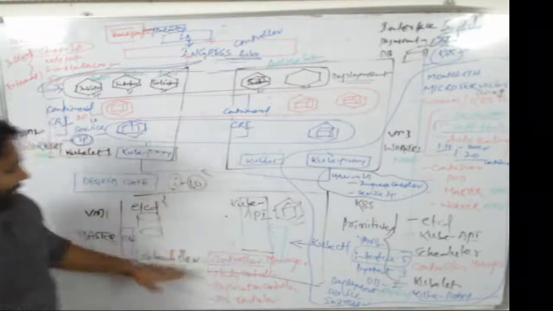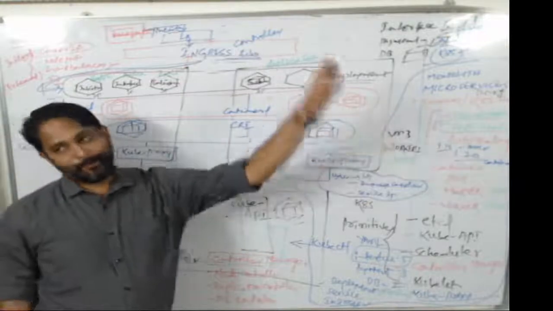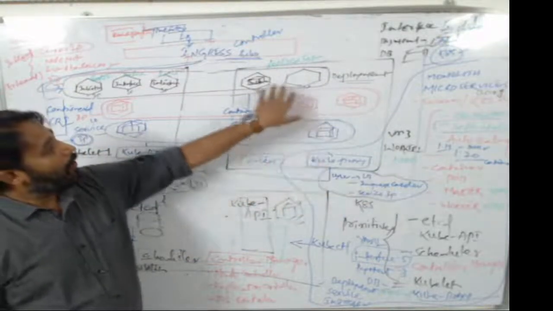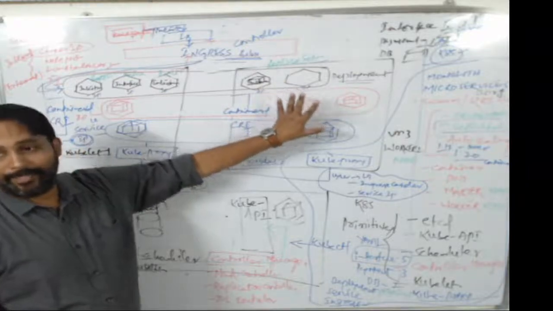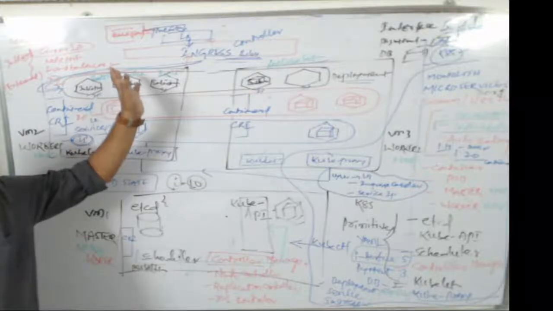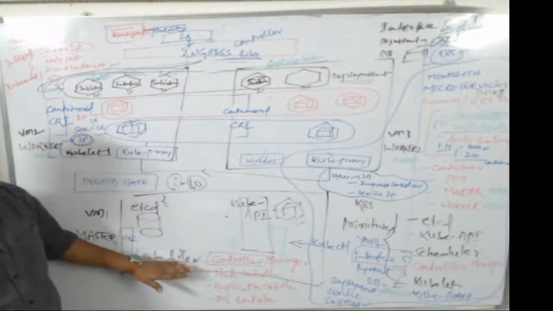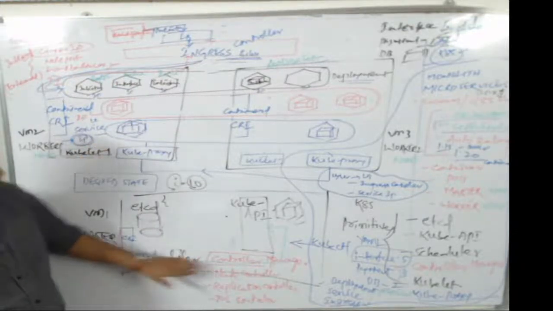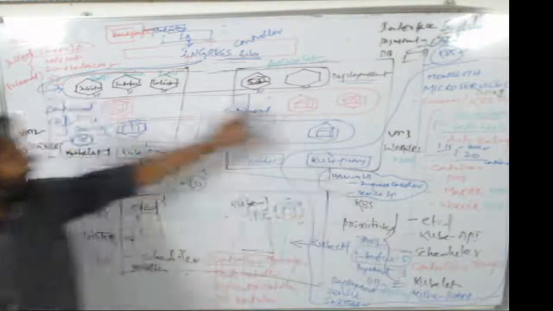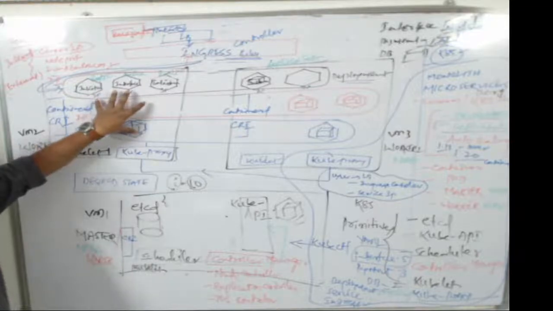Now let's say after some time, this node went down. The whole node went down. Now the actual state of your cluster is not in sync with the desired state. Then the scheduler starts work again. So the desired state is 5, and we will try to launch all the 5 pods here.